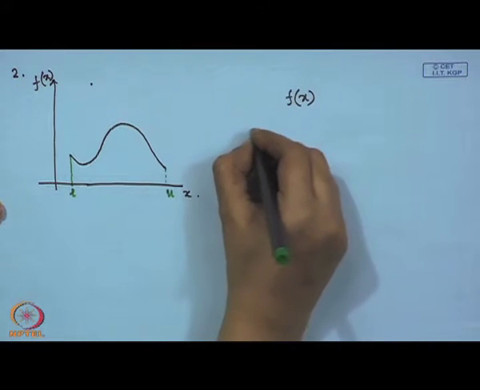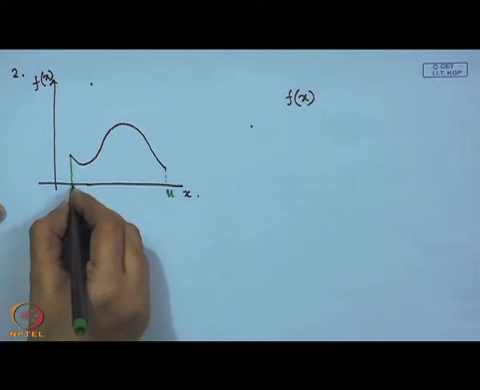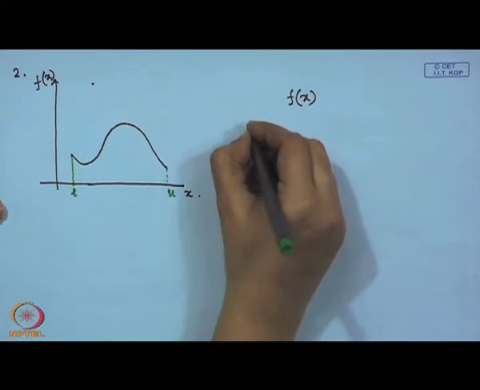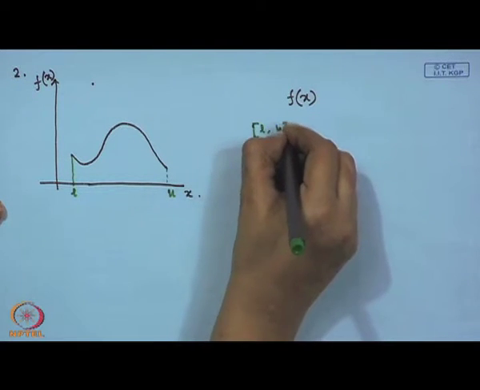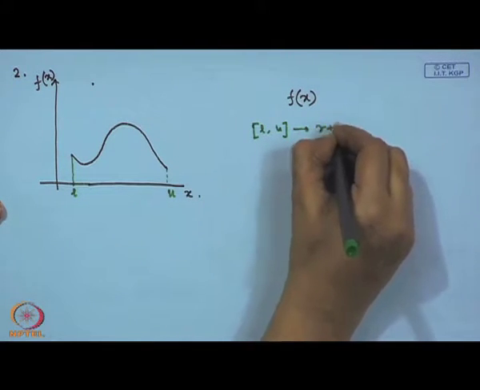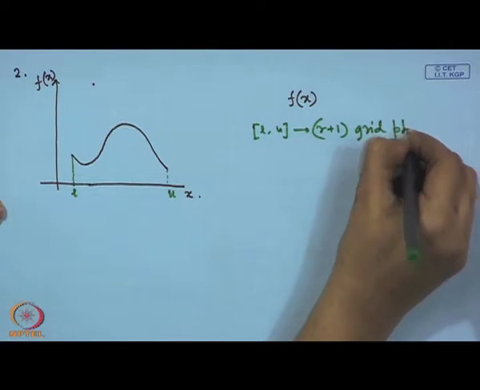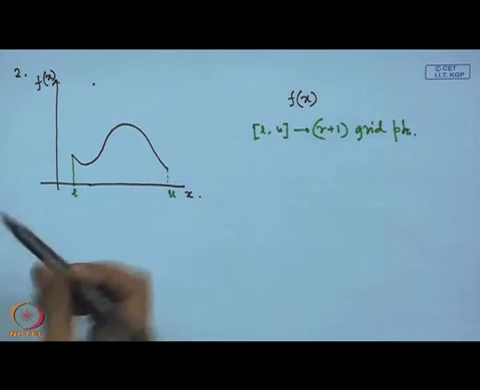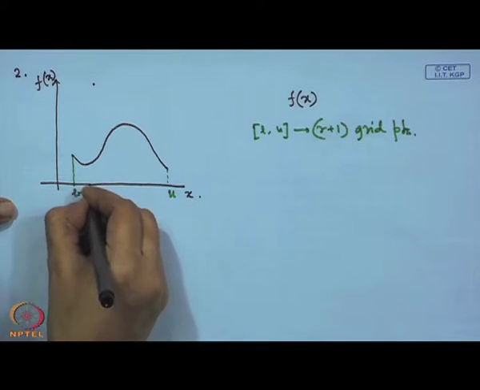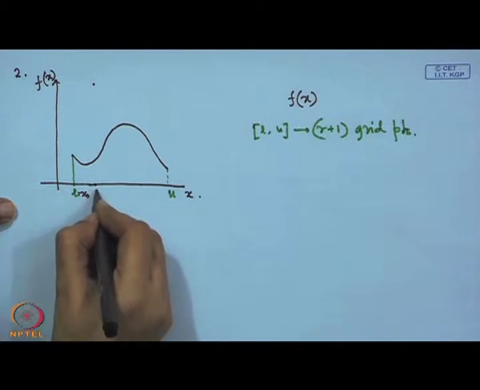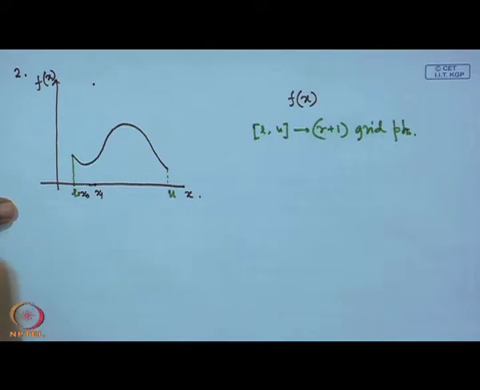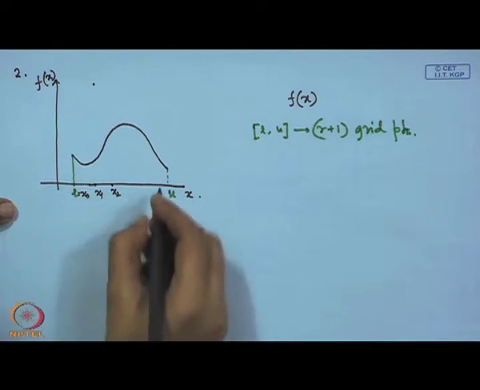Now, let me partition this interval, the LU interval, with r plus 1 grid points. How? L would be equal to x0, x1 is the next point, x2 is the next point.